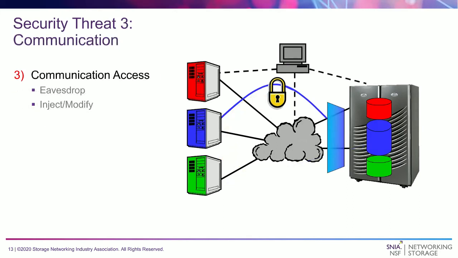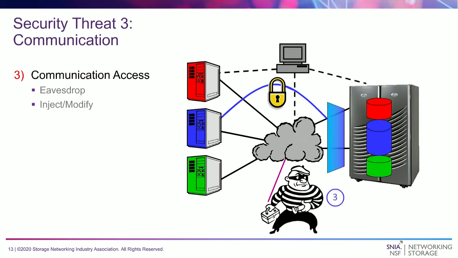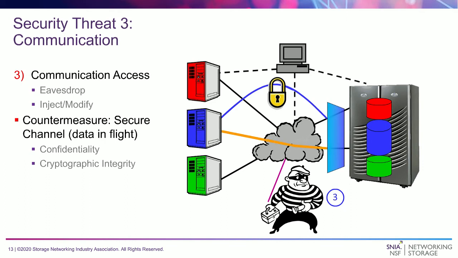Finally, we have the communication access, the fact that someone can be able to access the communication channel, eavesdrop and look at all that is passing over there, or even inject or modify the traffic that is happening over there. So here is where we need secure channels, the way to provide, per each packet or per each frame that is transmitted between the two endpoints, verification that the packet has not been altered in transit.